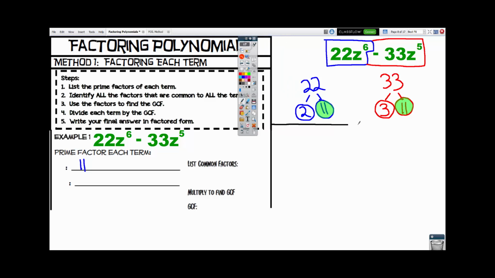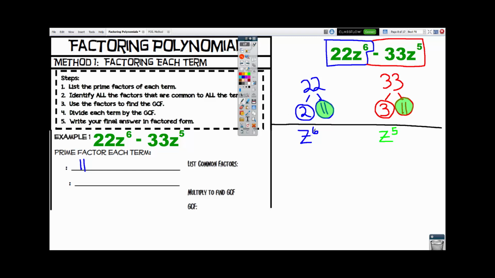And draw our line across, and we're going to do the same thing with the variables. So z to the power of 6. And I am writing with the mouse, so if everything isn't perfectly neat, doing the best I can. z to the power of 5.